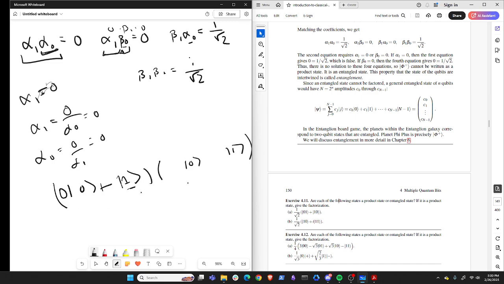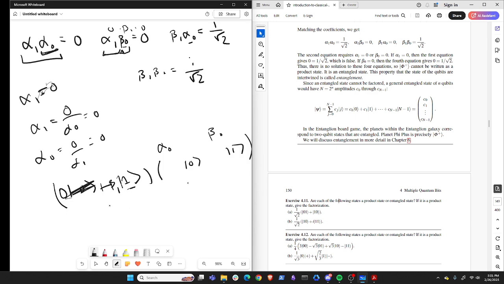And the second state, let's see, we need to solve for alpha 1, alpha 0 and beta 0. Right, it's beta 1.